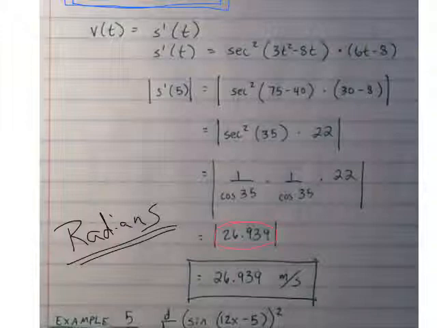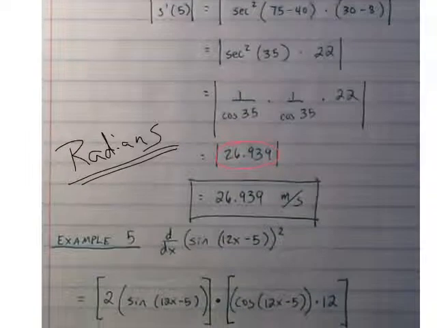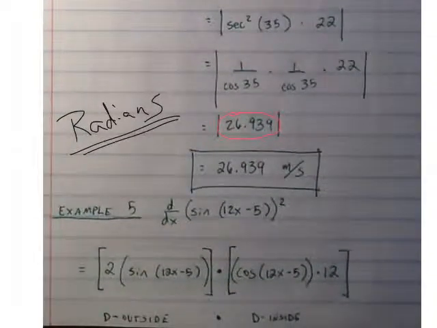And very quickly, I wanted to show one last example, which was a composite of a composite. And so what we have is we have the outer being squared. So our outer being squared is going to take the first derivative. So we take the derivative of the outside, we get 2 times the inside raised to the first power if you wanted to.